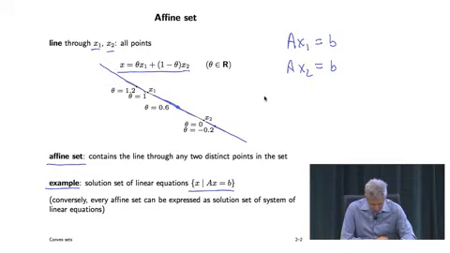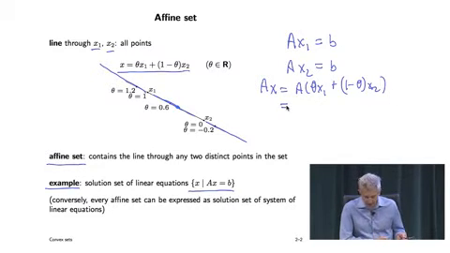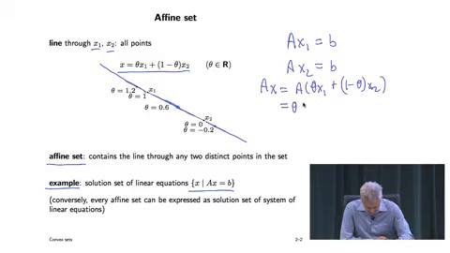And what that means is we'd have to look at Ax, but that's A times (theta x1 plus (1 minus theta) x2). And the question is, what is that? And in particular, is it b? And it is, because this is theta Ax1 plus (1 minus theta) Ax2.